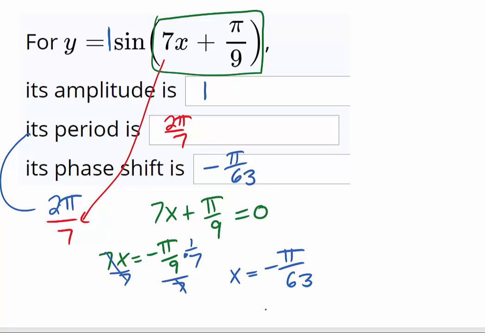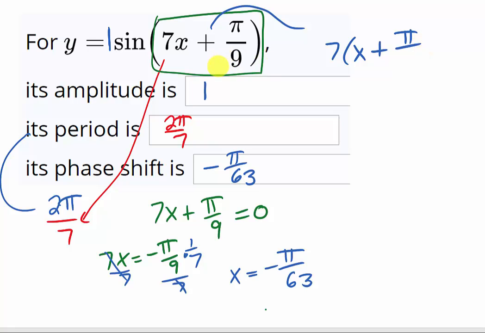Now the other way you can do it, and it's equivalent, I think it's easiest to set the stuff that's inside the parentheses equal to 0 and solve it. But if you want to try and match the form where you can tell the phase shift, then what you'd want to do is take this and factor a 7 out. And when you factor a 7 out, how do you factor 7 out of pi ninths?